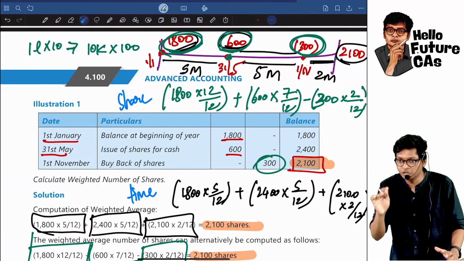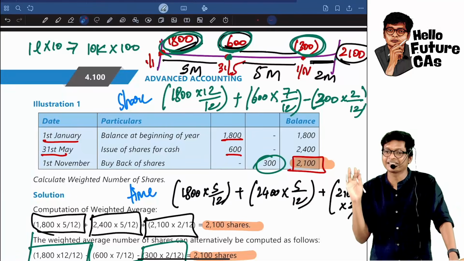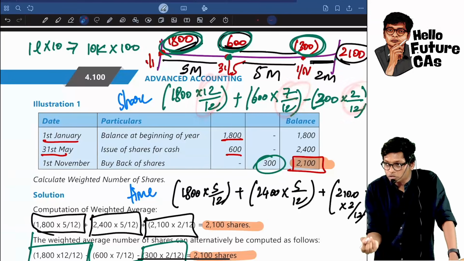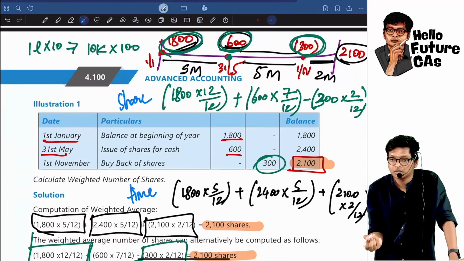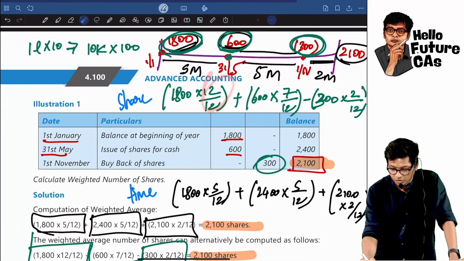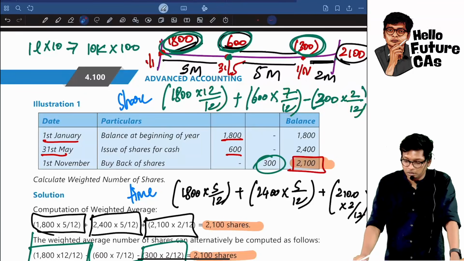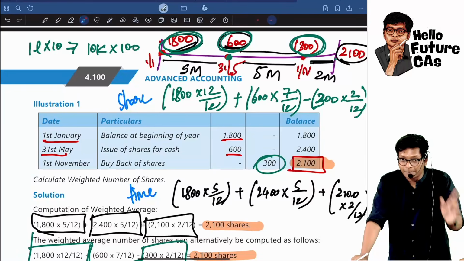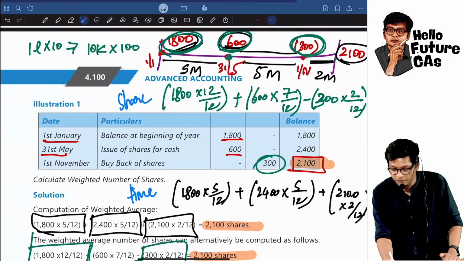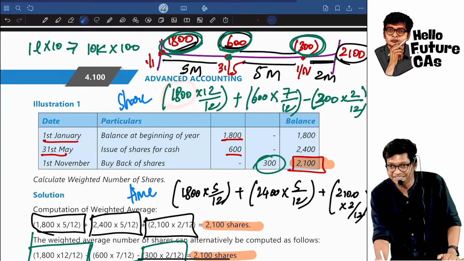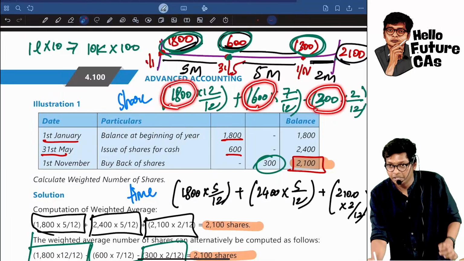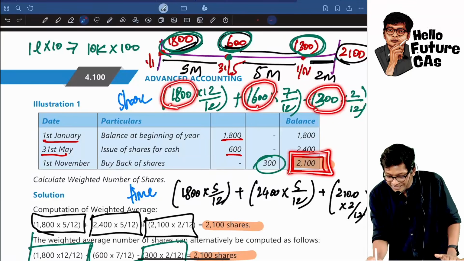You should know the logic of when negative should come: whenever shares decrease. And the fraction totals will of course not match 12 by 12, because you are using share basis. But the total of shares, 1800 plus 600 minus 300, will always match the closing number of shares.